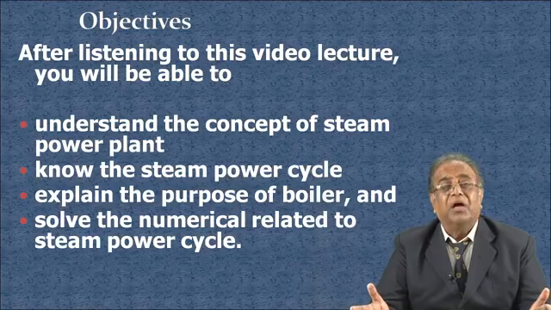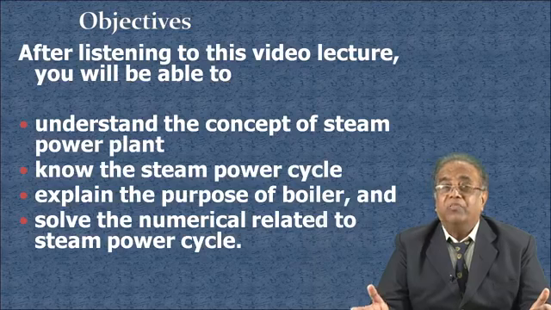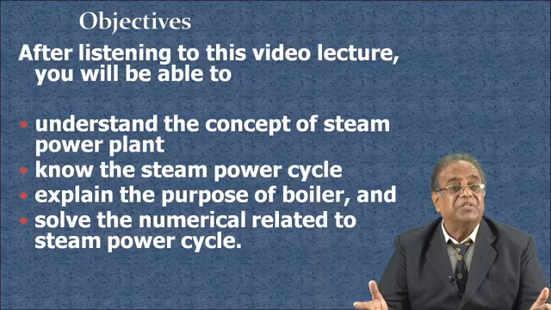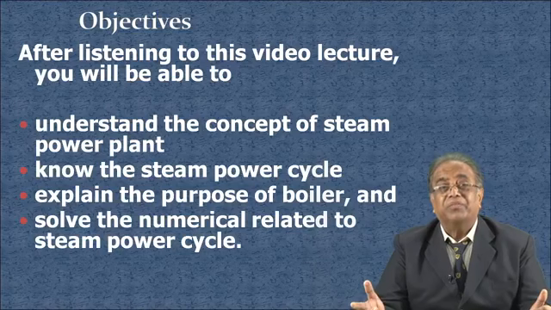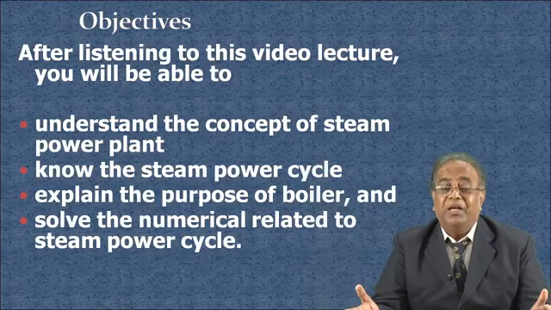The heat evolved will be utilized for converting water into steam, and that high pressure, high temperature steam will enter into the turbine. Thereby, torque is generated, and the shaft of the turbine is coupled with the shaft of the generator, which in turn produces electricity.